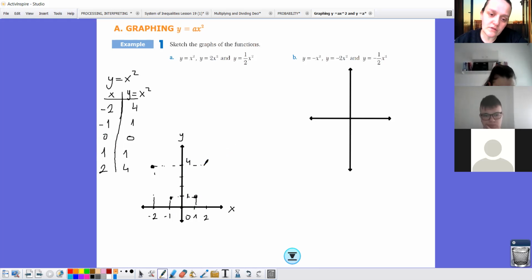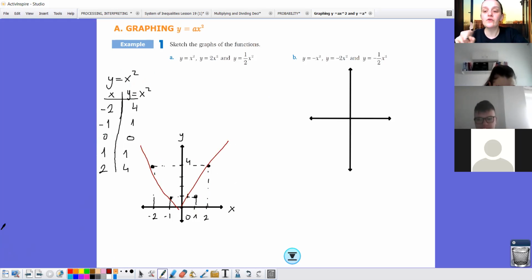When you have a squared notebook, it is easier to draw them. Now I'm drawing my parabola. Because it is quadratic, because it is second degree, you cannot draw straight lines here like this.